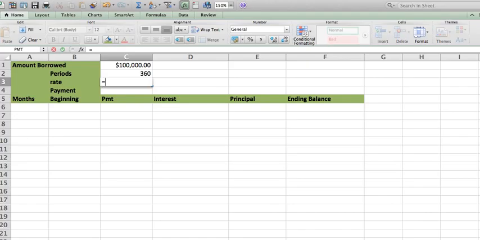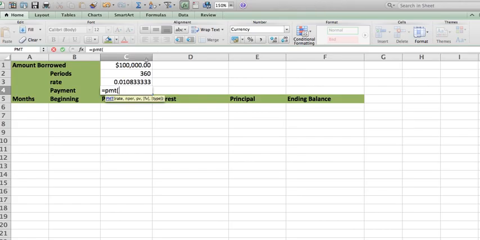The rate is going to be, let's say that they charge me 13%, but I'm going to put it monthly. So this is 0.13 divided by 12. And finally, I'm going to have the payment, which is going to be the following: equals PMT, parentheses. And then Excel is going to ask me, what is the rate?